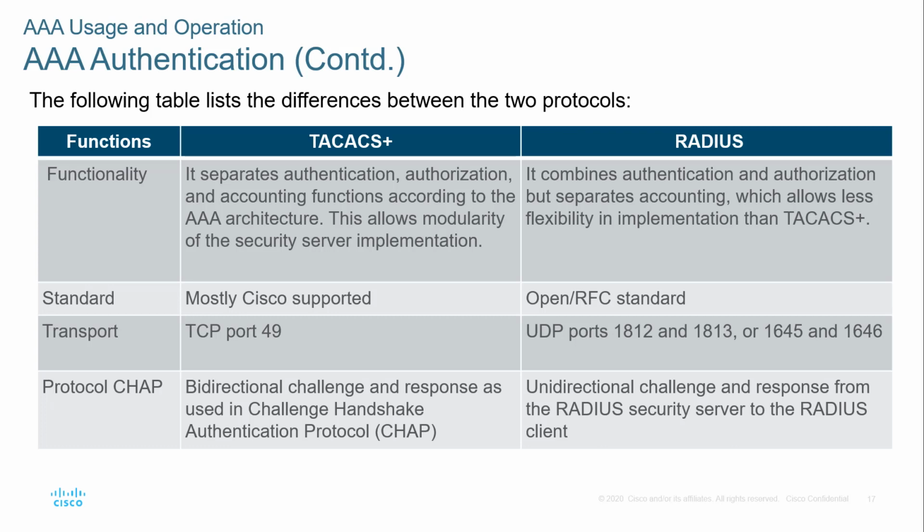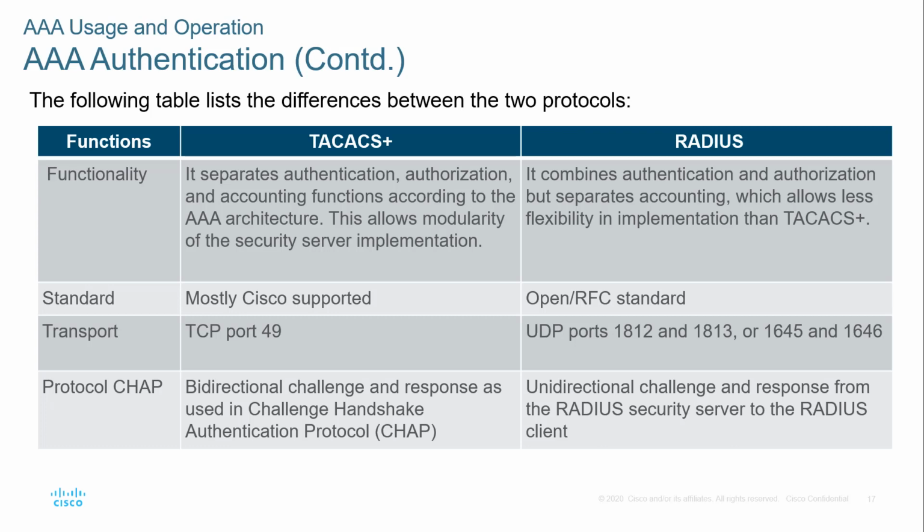While it's less flexible, it's, again, more open. TACACS is Cisco proprietary, RADIUS is open source. TACACS uses port 49. RADIUS uses the more common 1812 and 1813. It can also use the UDP-based ports 1645 and 1646.